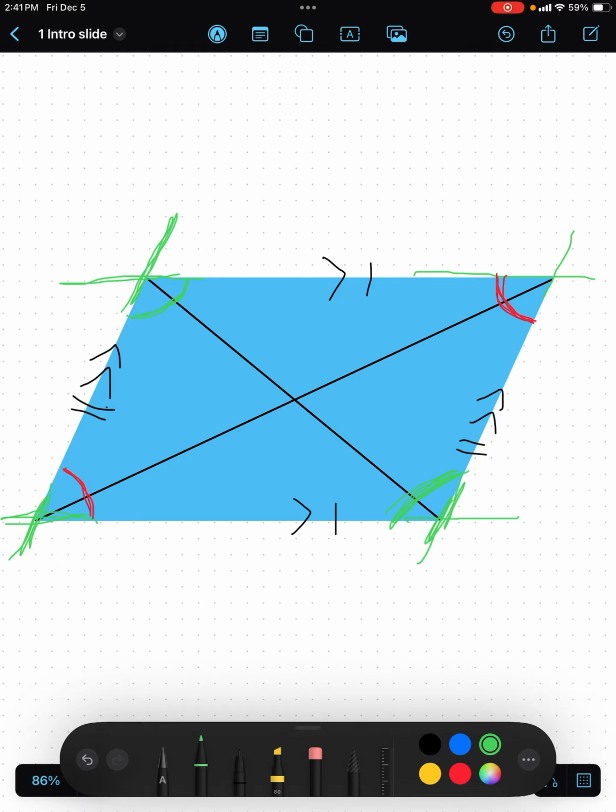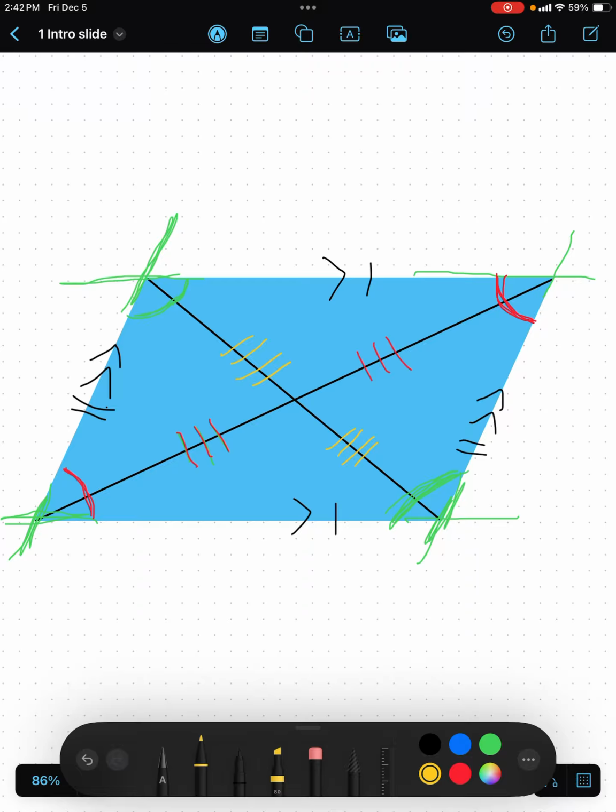But what we can determine is that these lines are the same length, and these are the same length. So we would say that these diagonals bisect each other. They cut each other in half.